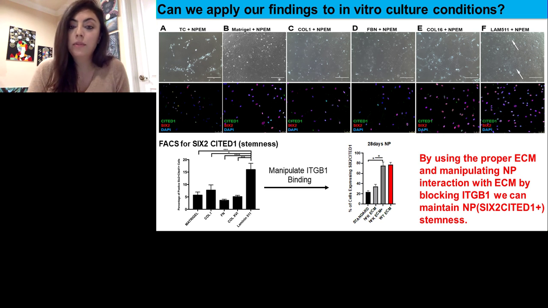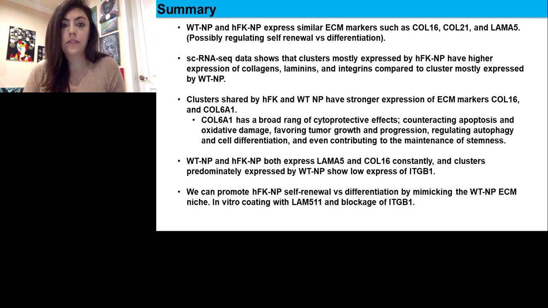In laminin, a little bit more, while when we block integrin beta-1 and culture the cells on laminin 511, we are able to maintain their expression of SIX2+CITED1 significantly, up to almost 80% in some cases. And this correlates to the Wilms tumor nephron progenitors cultured on just laminin, so they are unable to differentiate well, so they maintain their expression of SIX2+CITED1. So they're very similar. This brings us to a summary.